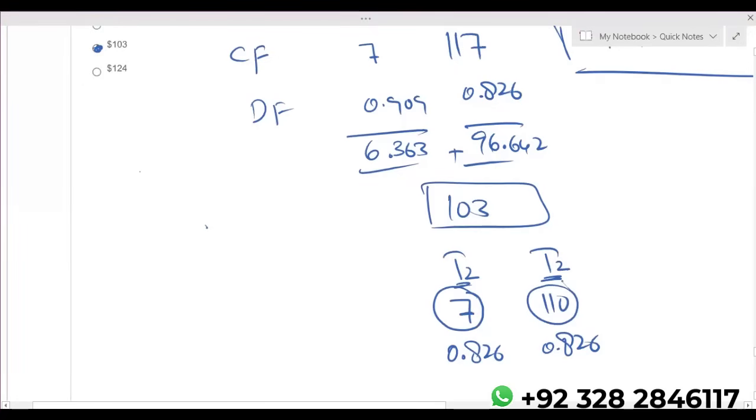Now it is up to you if you are not adding them together. Is it clear now? Please reply. It is up to you if you want to keep them separately.